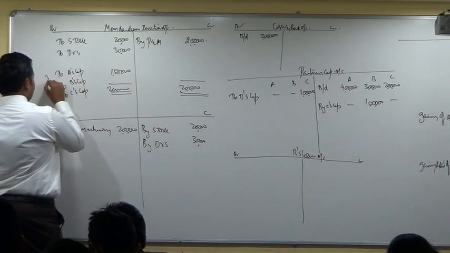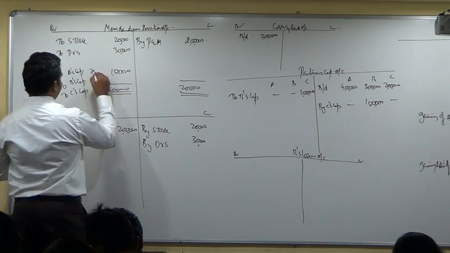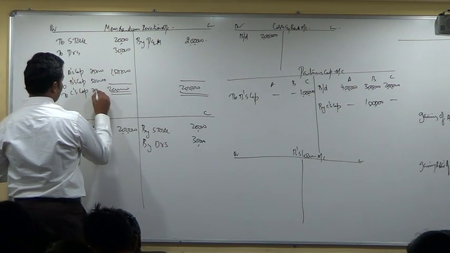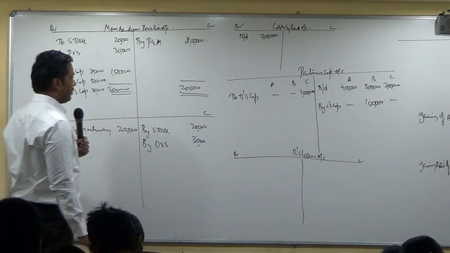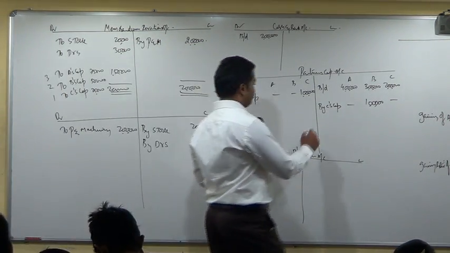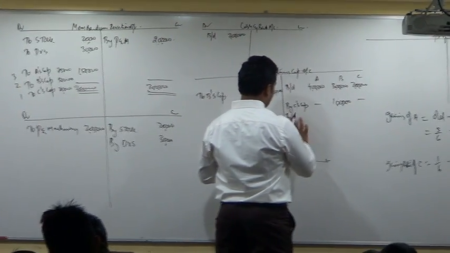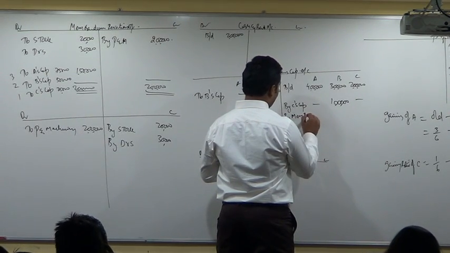Old ratio 3:2:1. Am I correct? 75, yes, sir. 50 and 25. By memorandum revaluation.